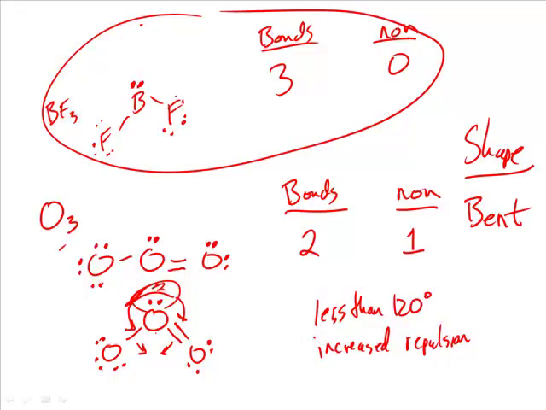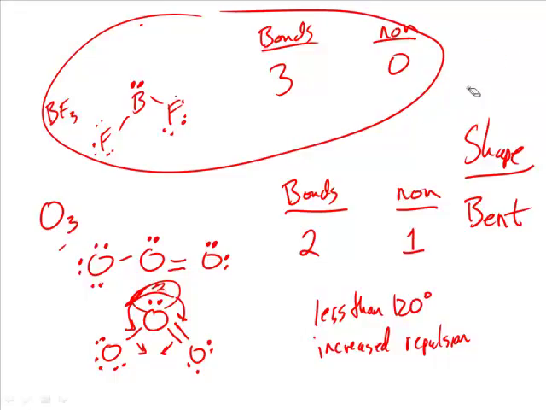Okay, so within the trigonal planar shape, let's just say, X and Y, you can actually have 2 different shapes. You can have the trigonal planar shape, and you can also have the bent shape. Now again, just like on the linear one, if I take that one off, now I'm just down to no shape at all.